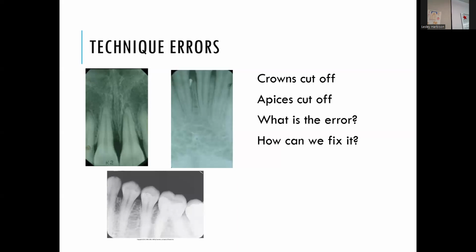And of course, if you're really having trouble, your instructor will come and help you. And this is the rare case, so don't make it your go-to, but if it's an incredibly difficult patient, sometimes we have to just do a pano and call it good, bitewings and a pano, but that is never what we want to do. That's the last resort. But that does happen sometimes.